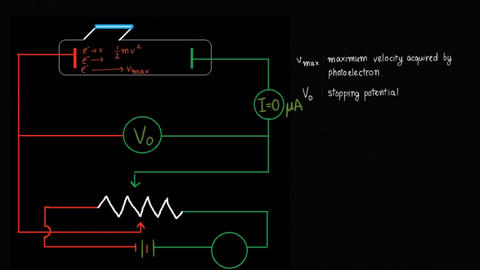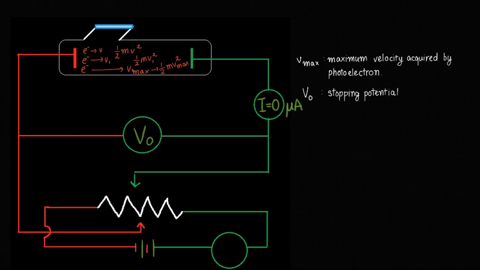If this electron is moving with a velocity v1, its kinetic energy will be half m v1 square. Similarly, if it is moving with velocity vmax, its kinetic energy will be half m vmax square.